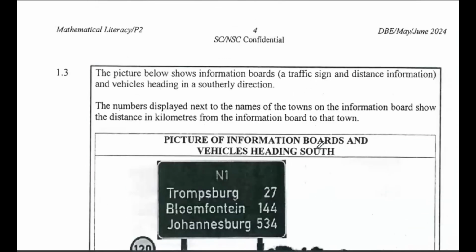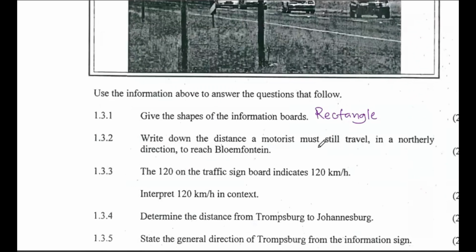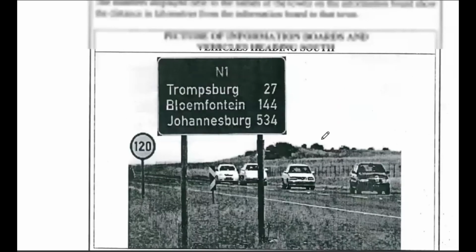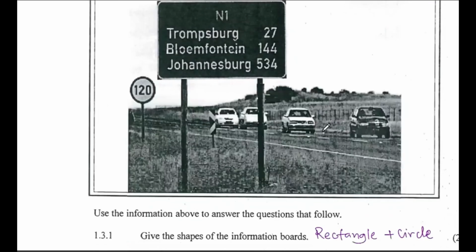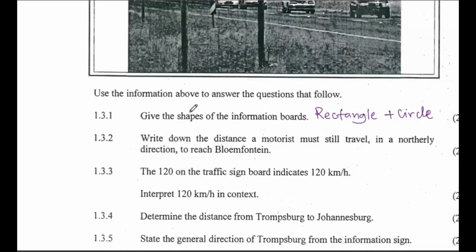The picture below shows the information boards, the traffic sign and the distance information. We have the distance information in this one here. Then the traffic sign in this one here for the speed limit.